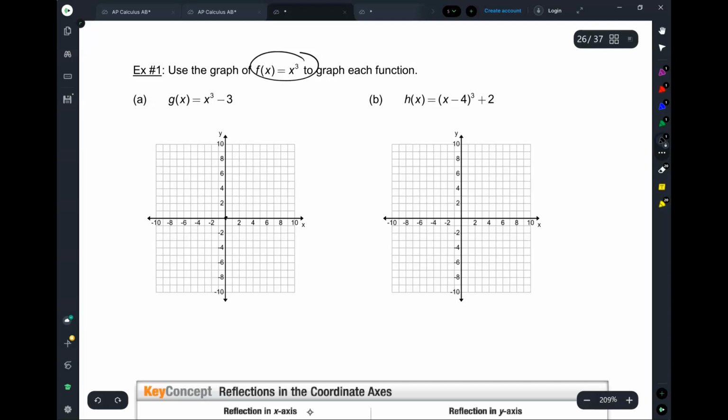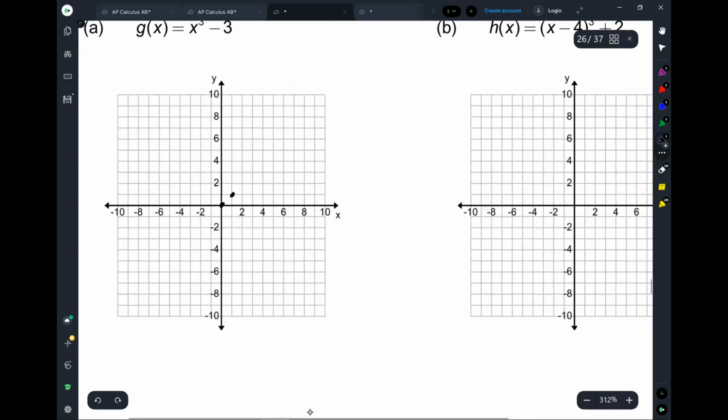It's centered at 0. And then if I go over 1, I go up 1 cubed. If I go over 2, I go up 2 cubed, 8. And symmetrically on the other side, over 1, down 1, over 2, down 8. And it looks a little like this. This is f of x equals x cubed.